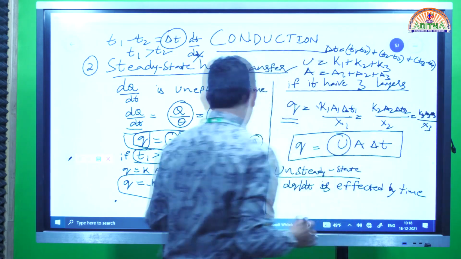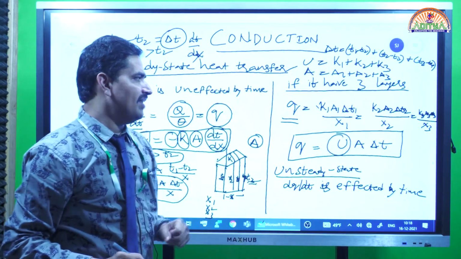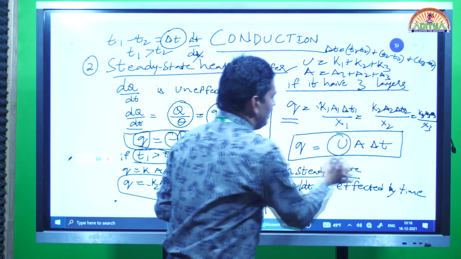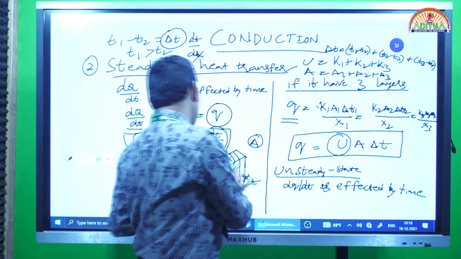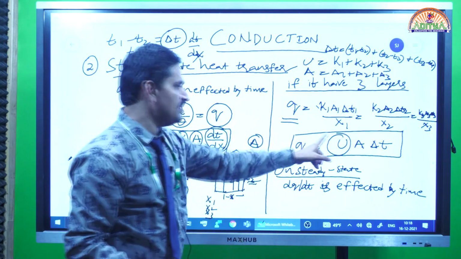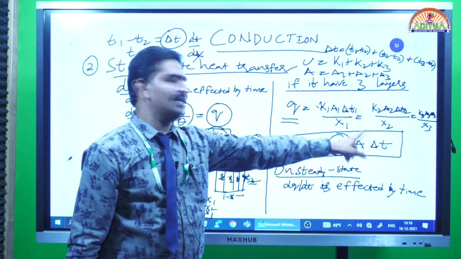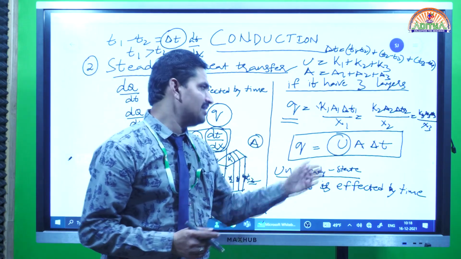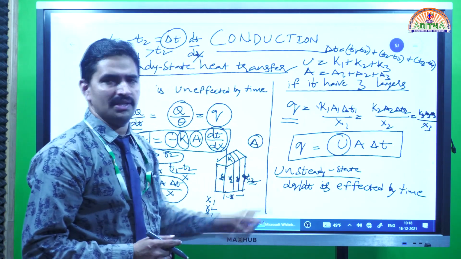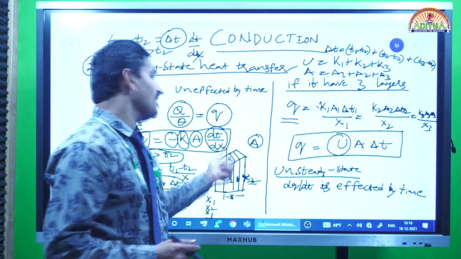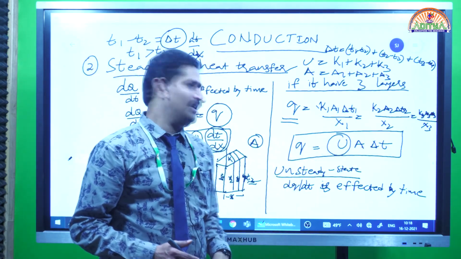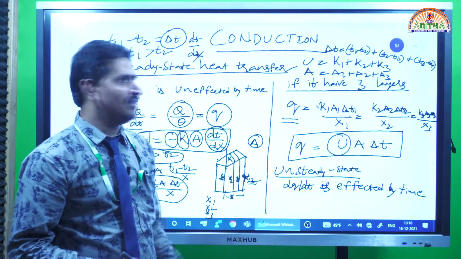In such a way we can write the equation for the overall heat transfer, that means Q is equal to UA delta T, where U is called the overall thermal conductivity, A means overall surface area, and delta T means overall temperature difference.